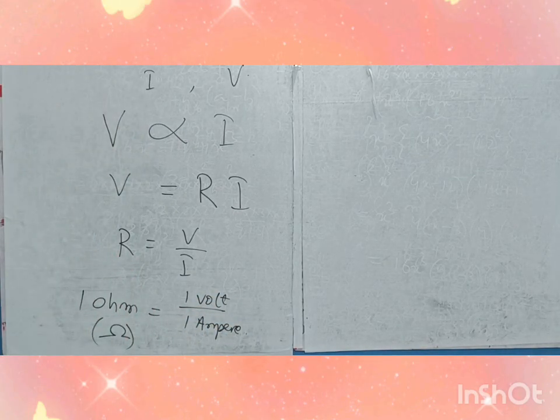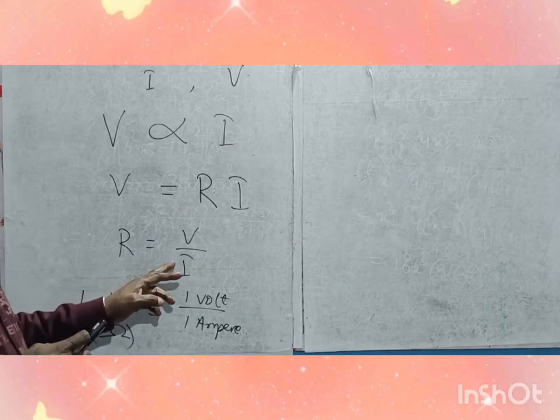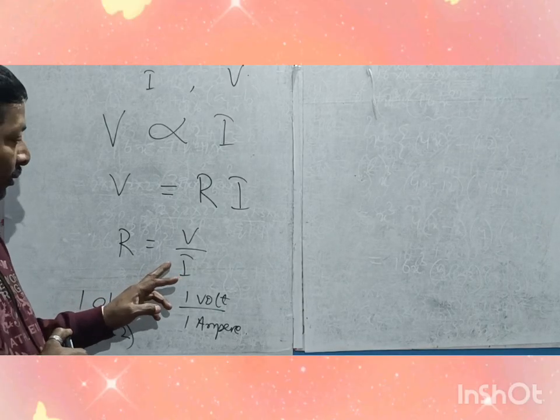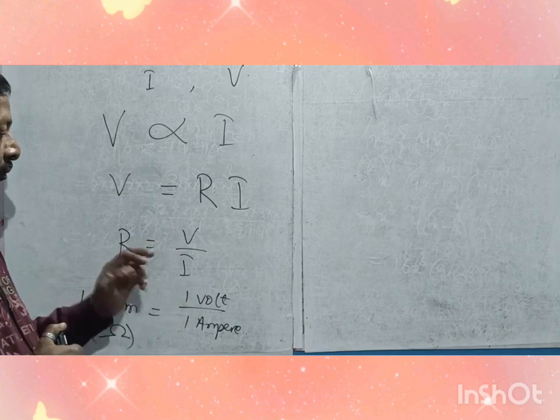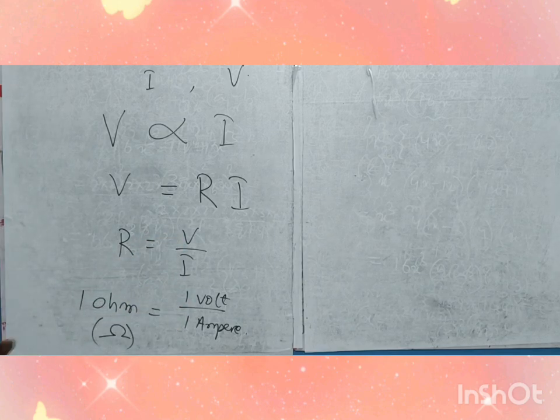Okay. So the unit of I or current is ampere, and unit of potential difference is volt. Okay. So define 1 ohm.